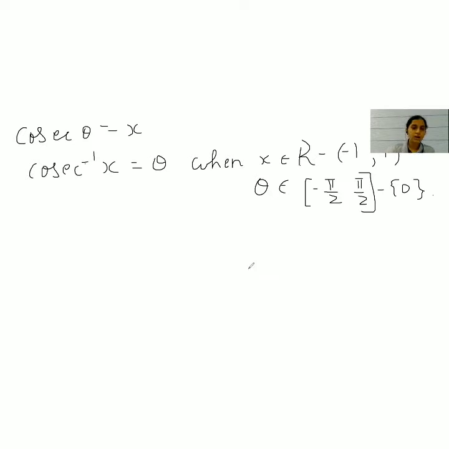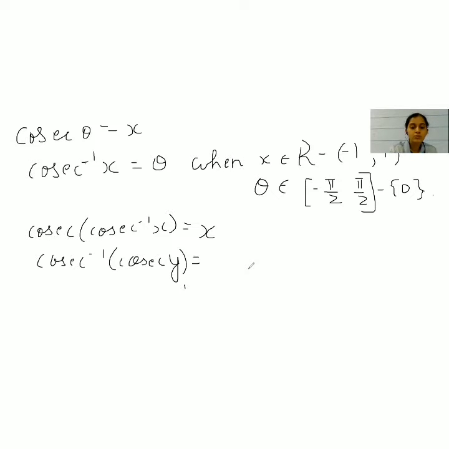And again you will have the property. So cosec of cosec inverse x is equal to x, and cosec inverse of cosec y is equal to y.